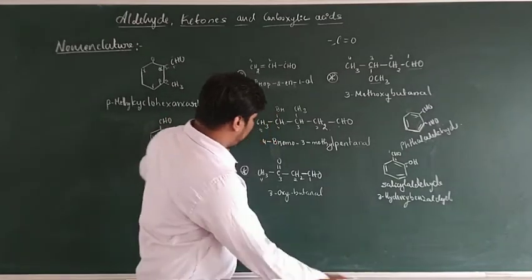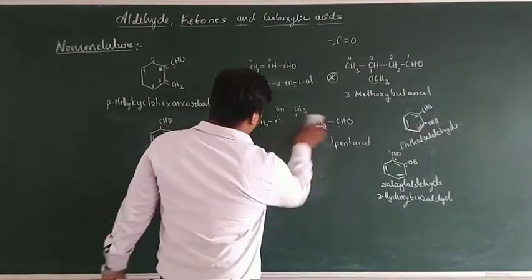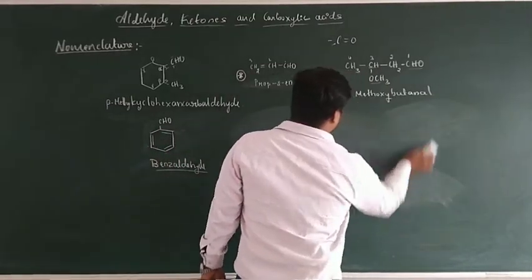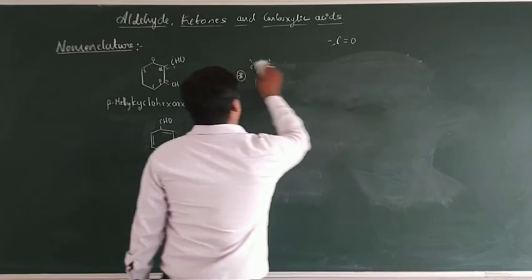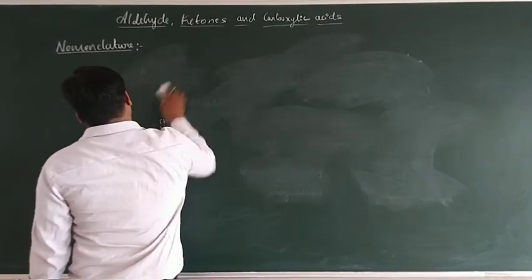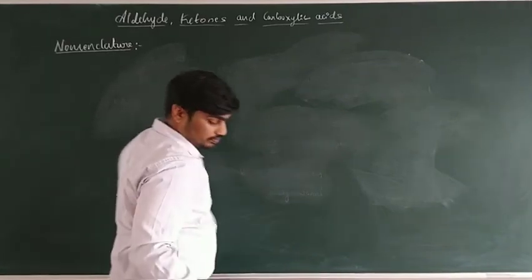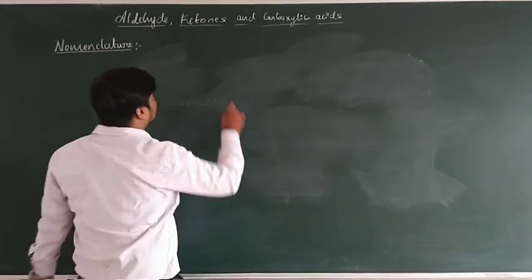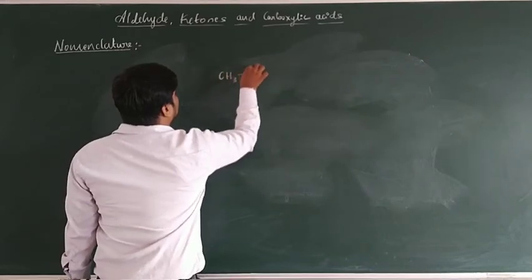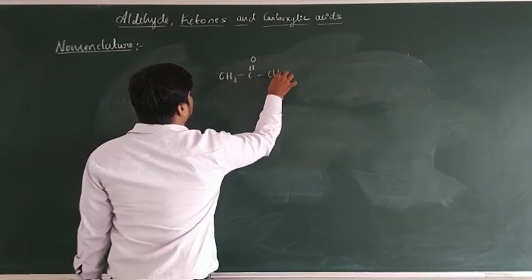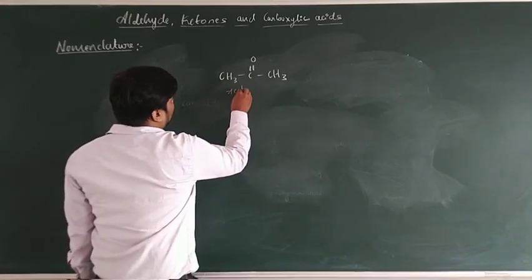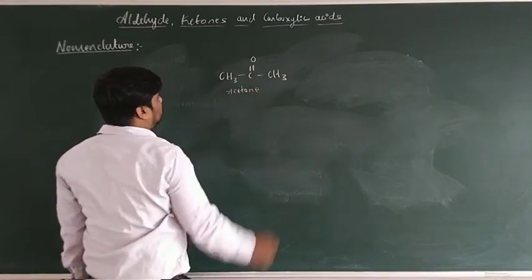Next, I consider ketones. In the case of ketones, 'one' is used as a suffix. Let us consider a few examples. One is CH3COCH3. This is nothing but acetone. The common name is acetone.